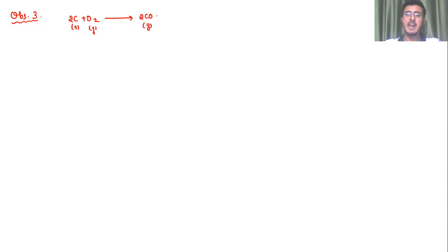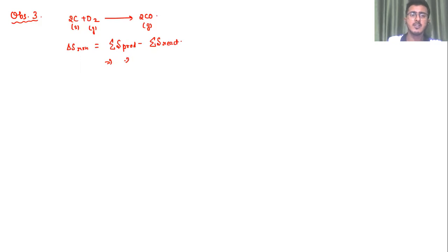Okay. So if I ask you to calculate what is the change in the entropy of this complete reaction, okay, so delta S reaction is nothing but the sum of the entropies of your products minus the sum of the entropies of your reactants. Okay. So in the product side you have only one product, that is your carbon monoxide.